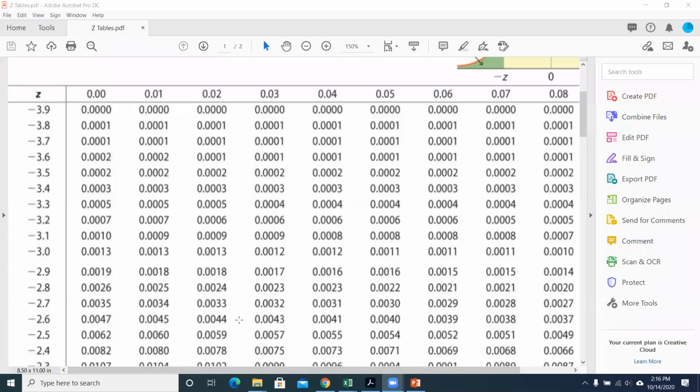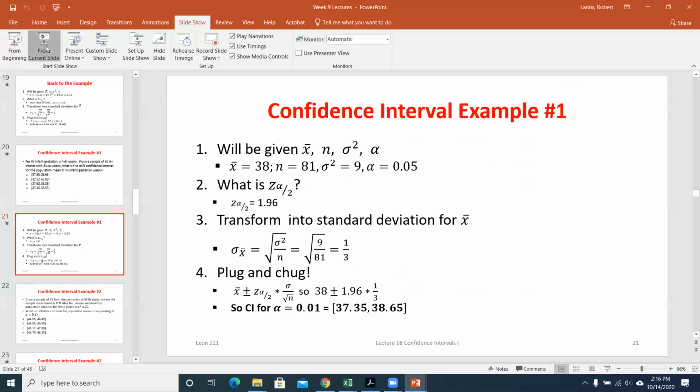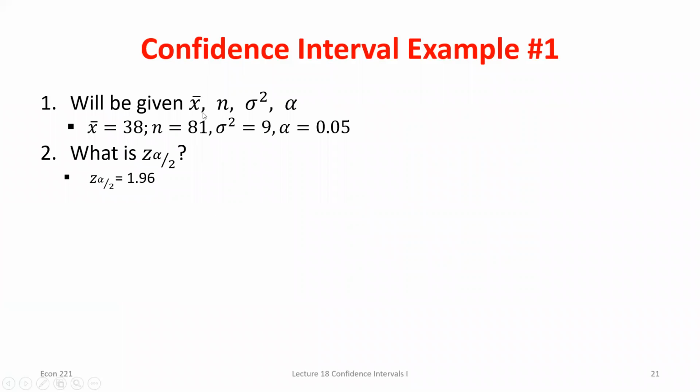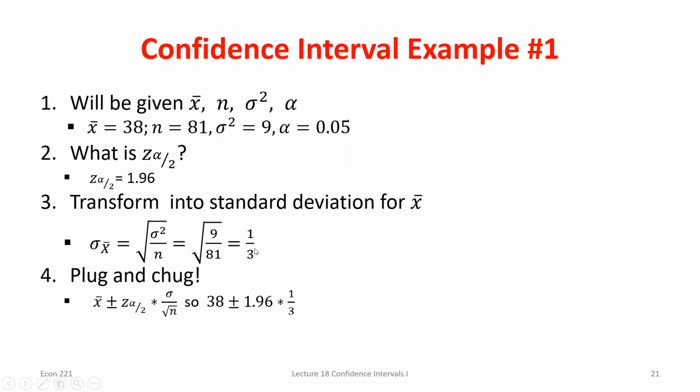Anyways, we find that it was 1.96. Now that we have our z-score, we can find the intermediate calculation, which is the standard deviation of our sample means. Plug in our population variance and sample size. Then plug everything into the confidence interval equation.